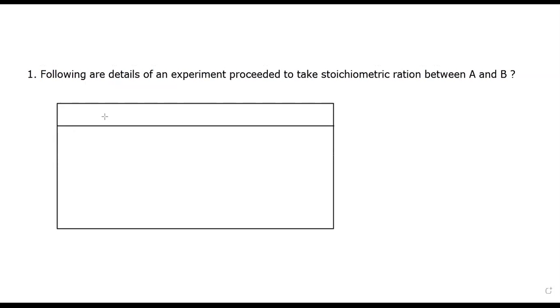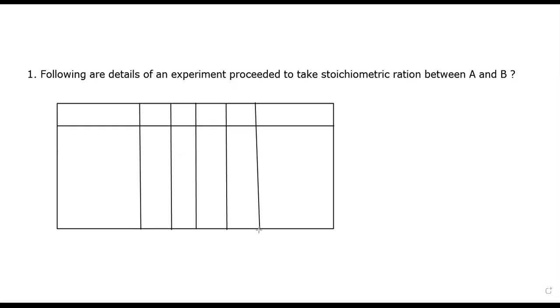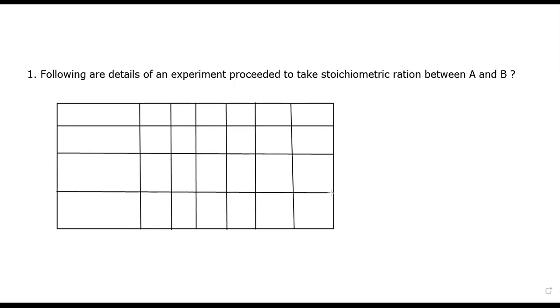We'll do 6 experiments: 1, 2, 3, 4, 5, 6. Six experiments are there. And A is with a certain concentration, B is with a certain concentration.